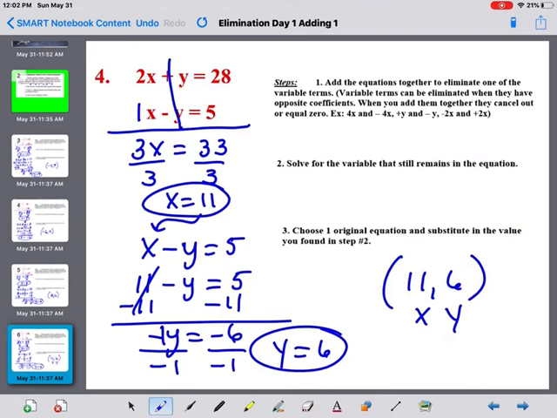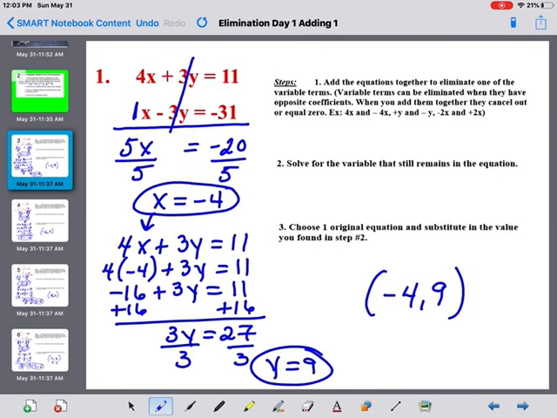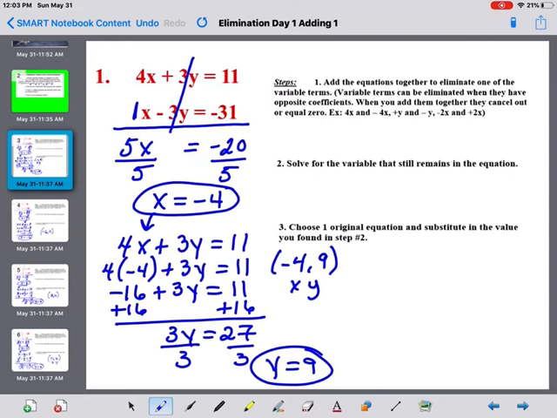You know what, actually, before we go, one other thing I wanted to point out, and let's see where I have some room to do this. Why don't I go back to number 1? If you ever want to make sure, and I'm just going to erase this for a second, negative 4, 9. If you ever want to make sure that your solution is correct, you can always do a check, just like we did in the graphing.